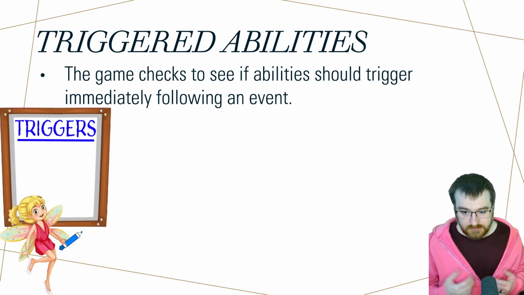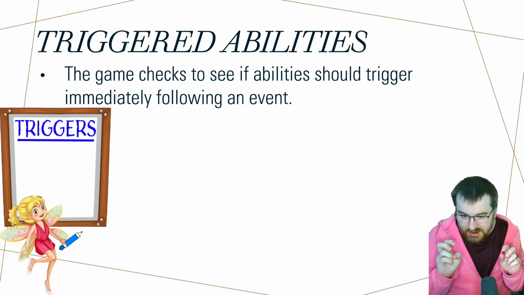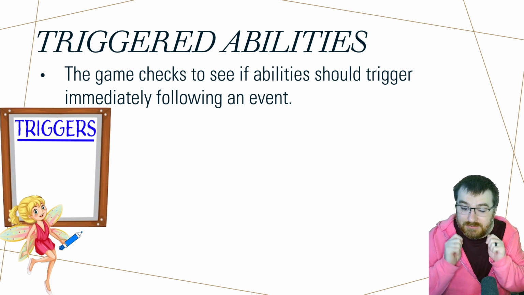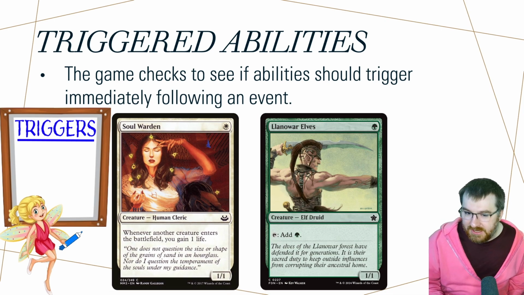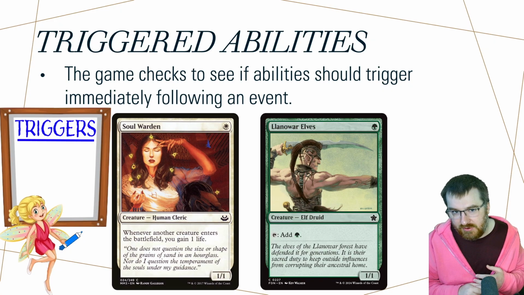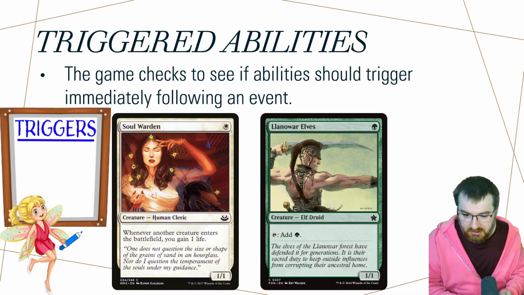So, this rule is why creatures see each other if multiple creatures enter at the same time. Say you have a Soul Warden and a Llanowar Elves enter at the same time. You did a Genesis Wave or a Collected Company or something that puts 2 creatures on the battlefield at the same time.